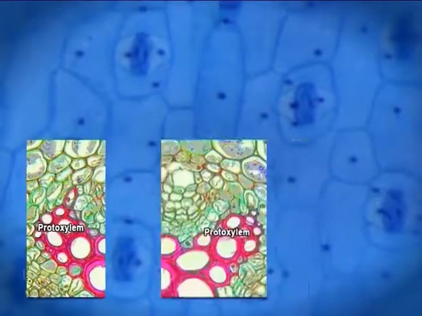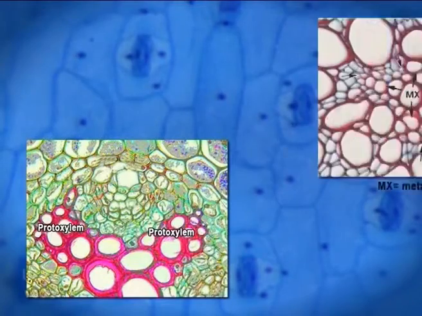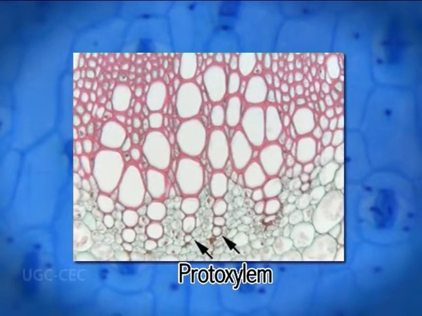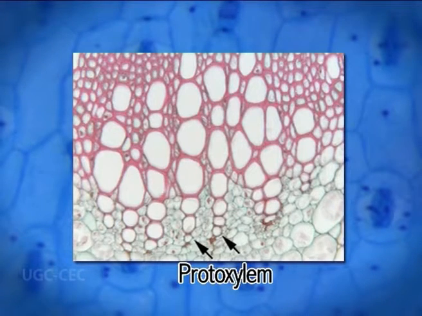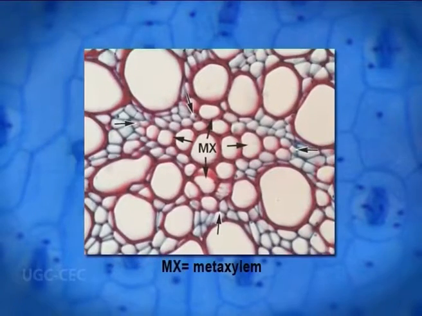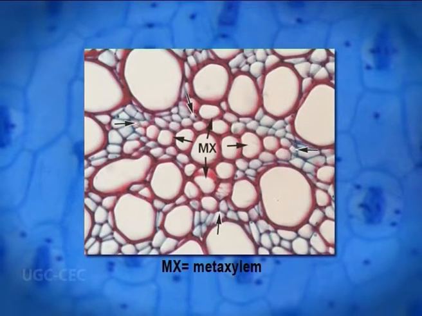Primary xylem is composed of both protoxylem and metaxylem. Protoxylem cells are the first recognizable xylem cells of the system. Metaxylem cells occur later. The order in which successive metaxylem mature may be centrifugal or centripetal.